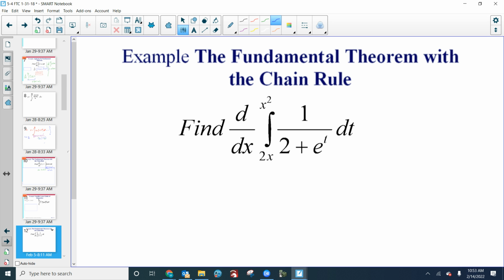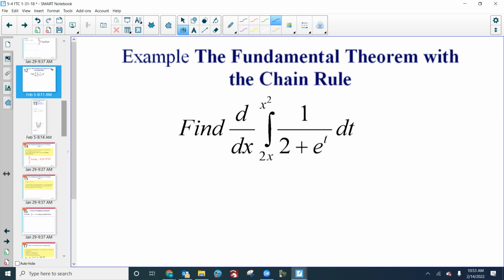Last one for today, I think. Now we got 2x on the bottom bound, x squared on the top bound.